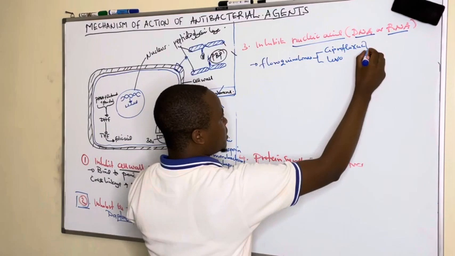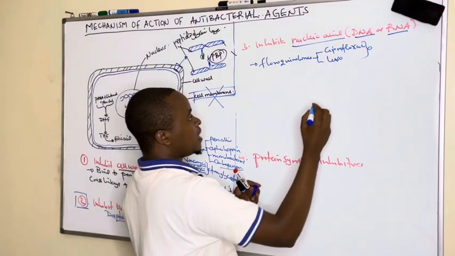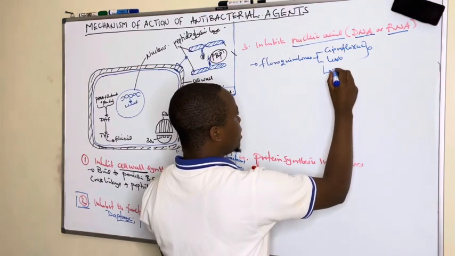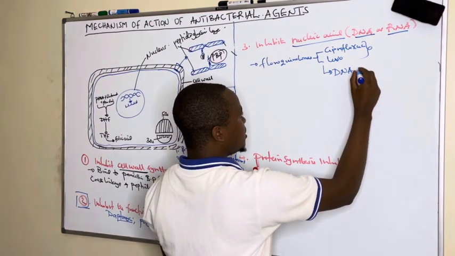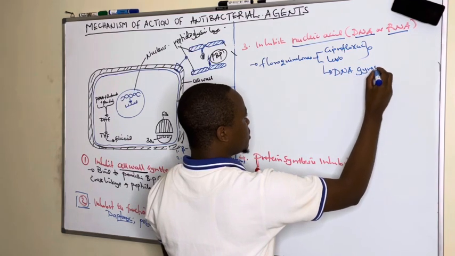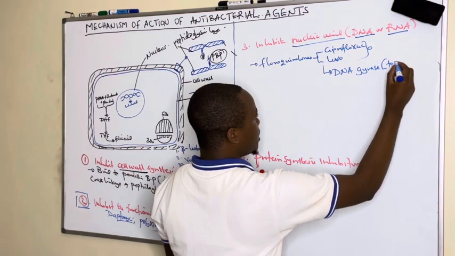These ones act by inhibiting an enzyme which we call DNA gyrase. They inhibit DNA gyrase, or what we call topoisomerase 2.